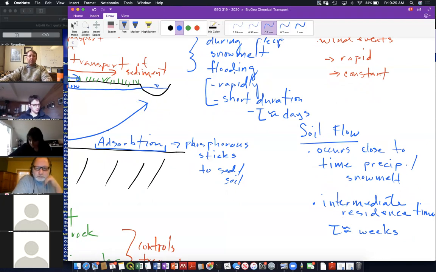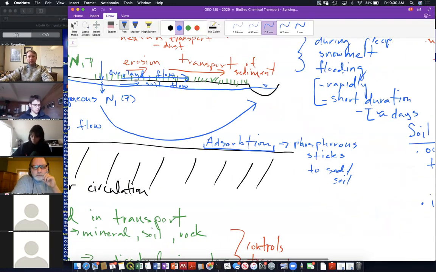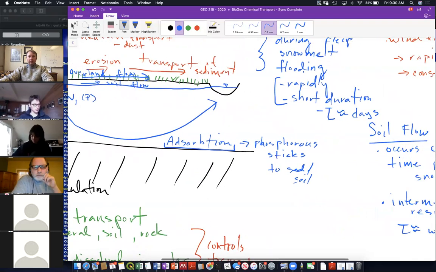That means that if I have a big precip event, I leach a bunch of nitrogen, I can expect an increase in nitrate in my stream for at least the next couple weeks from the soil flow.